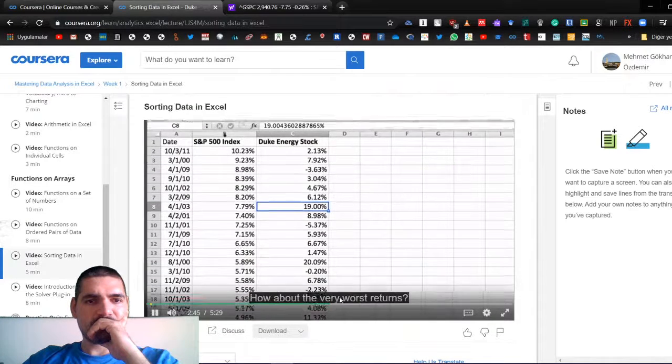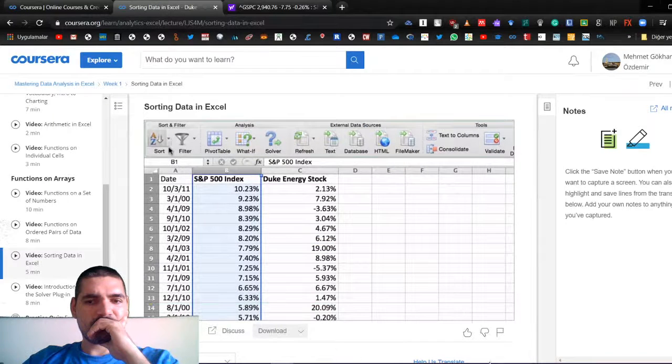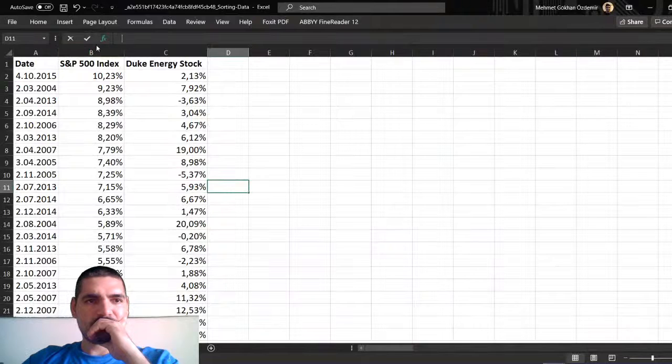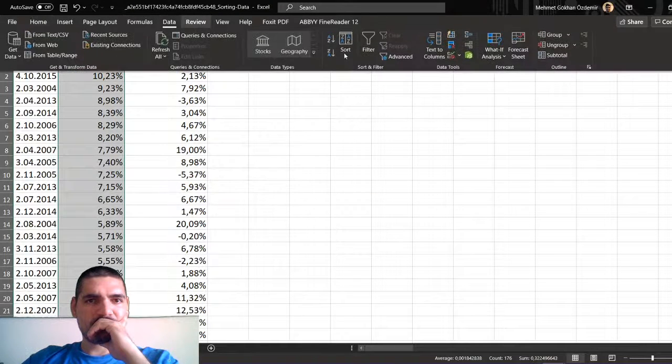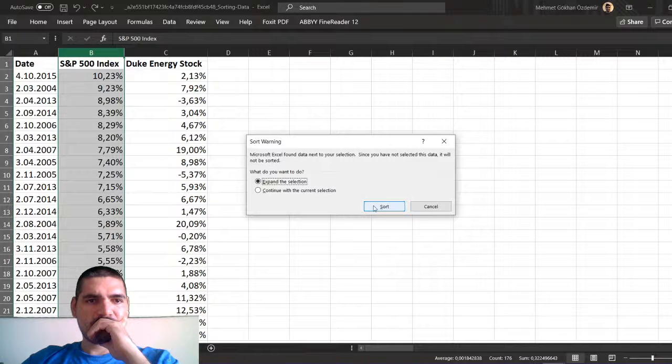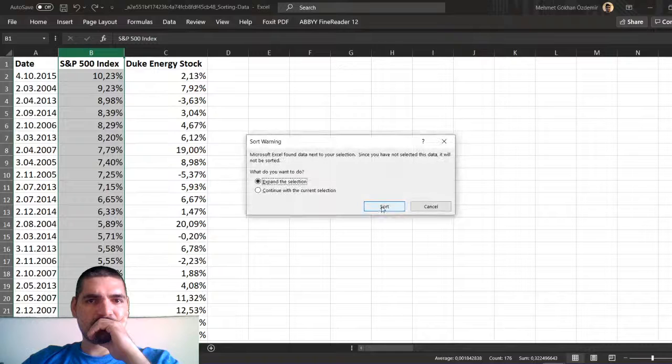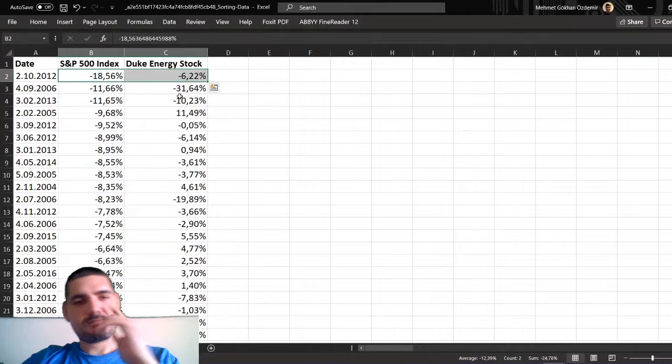How about the very worst returns? So now we're going to sort in ascending order, meaning as we go down the rows, the values will get higher. And again, I'm going to expand my selection. Okay, so now I see that there were some months when both were down.